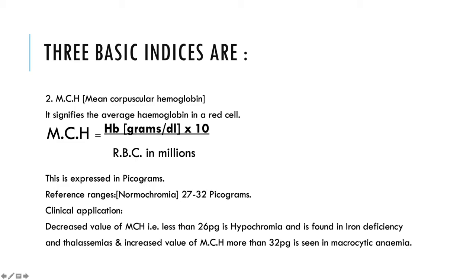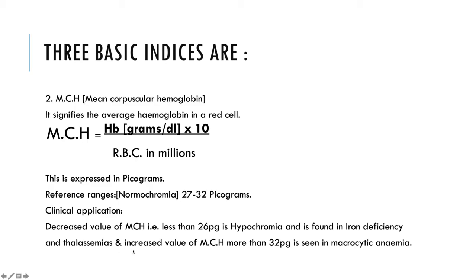So what is the normal range? That is 27 to 32 picogram. If there is a decreased value, it is called hypochromia, and it is especially found in iron deficiency anemia or thalassemia, the same as microcytic anemia.